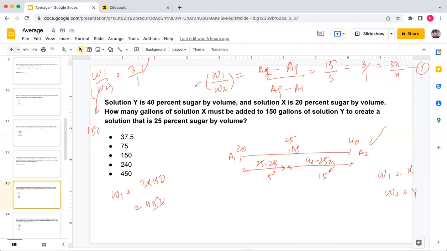And if you know this formula, this is W1 over W2. A2 minus AG is 15, and AG minus A1 is 5. This is 3 by 1. And you know this is equal to 150. Straightforward, W1 is equal to 150 into 3, which is 450.